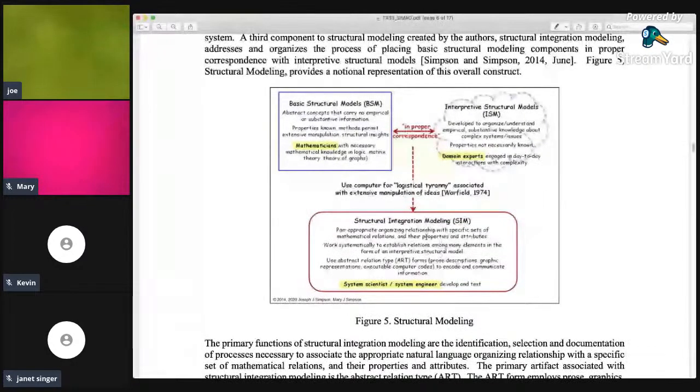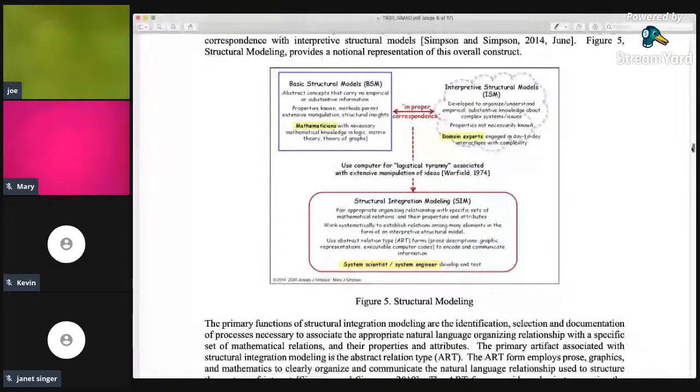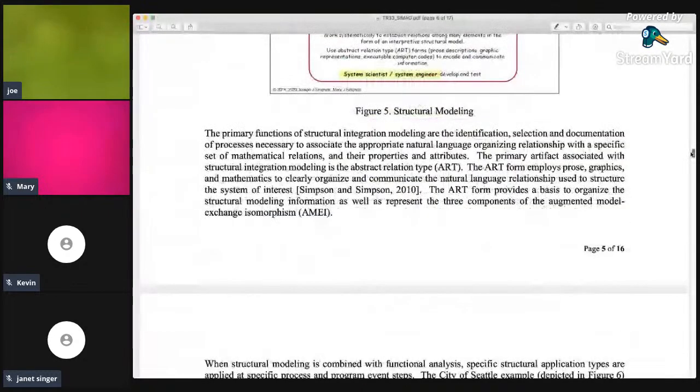And so this area, the structural integration modeling piece, is where we'll now be focusing more, comparing and contrasting what these different techniques and methods can do. So that's the overview of what we're looking at.